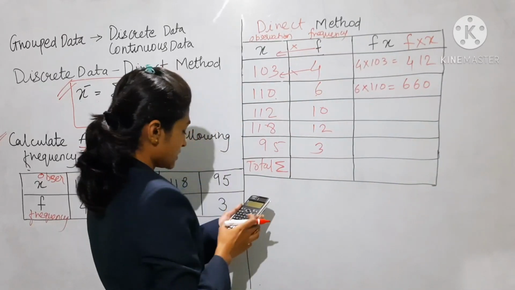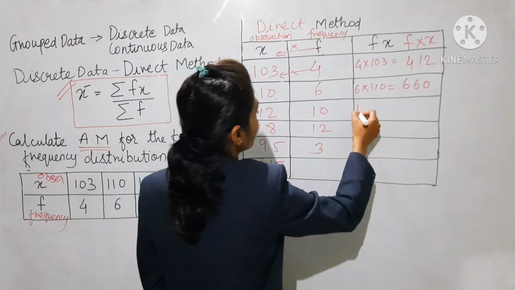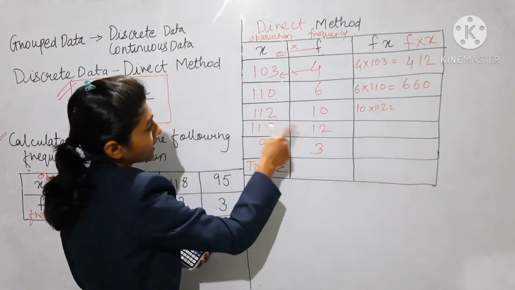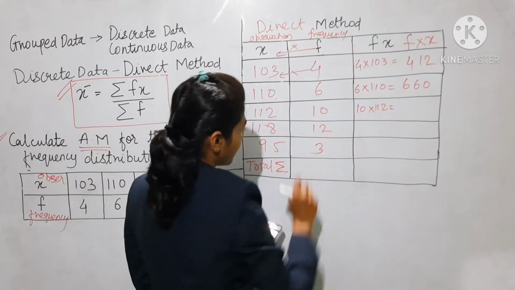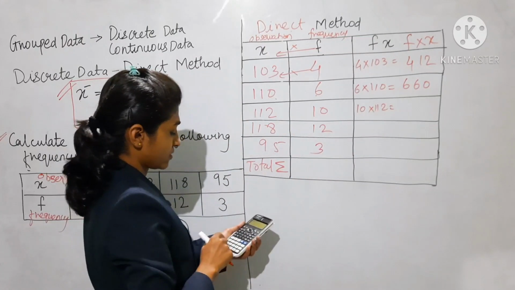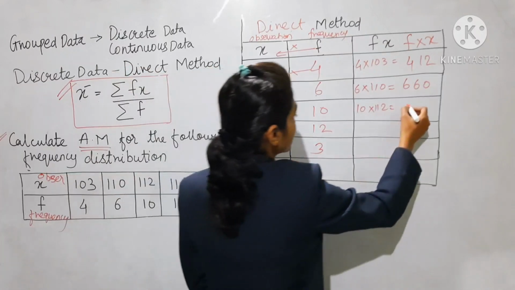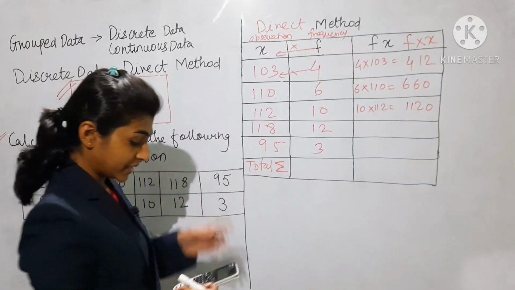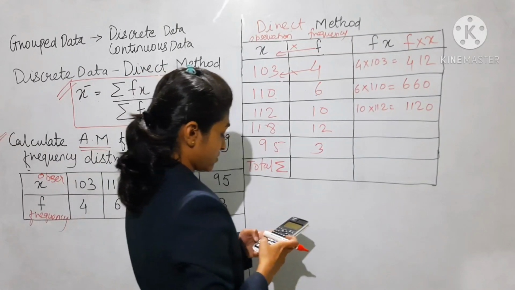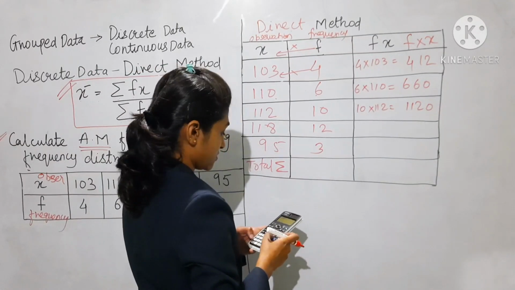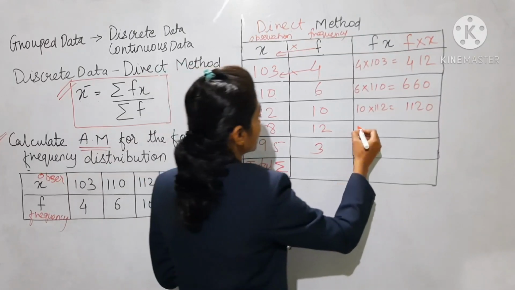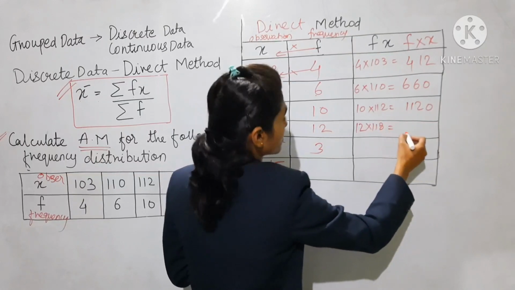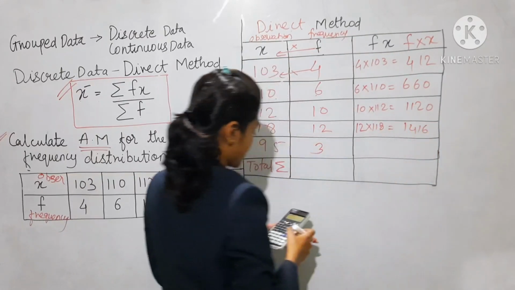660. Next, 10 into 112, or you can do it like this also, 112 multiplied by 10, 1120. Next is 12 into 118 is equal to 1416.